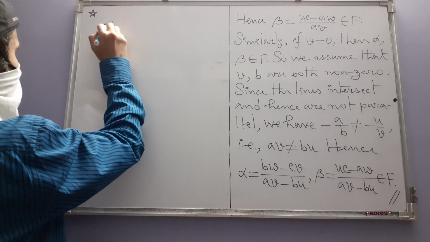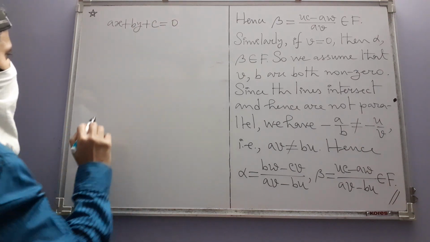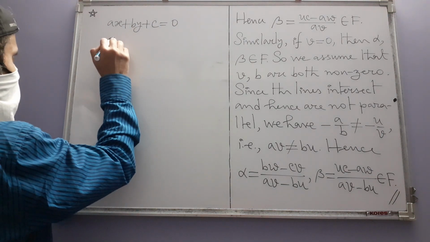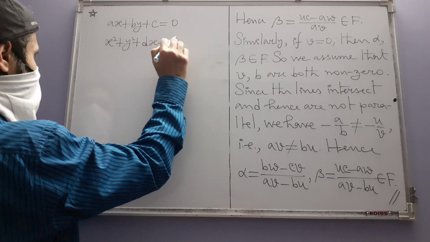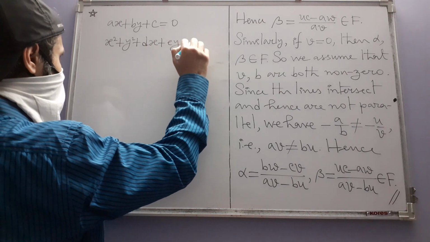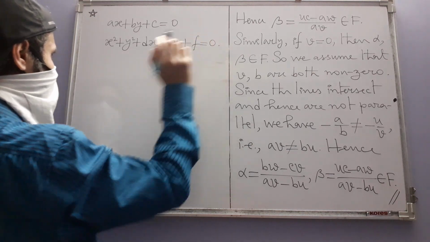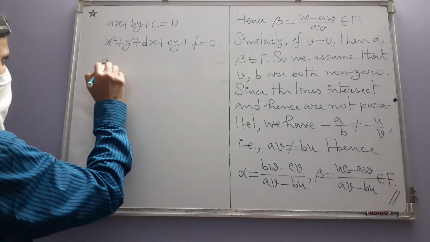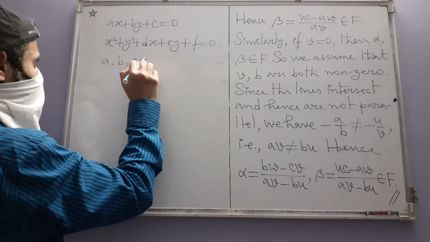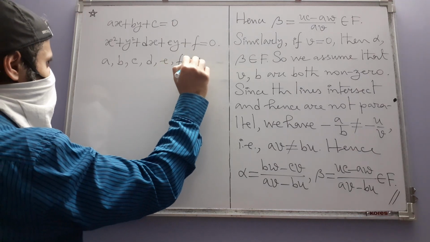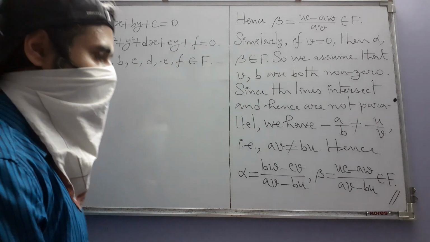Say you have a line in F and a circle also in F, which just simply means, now that we know from the forms of these equations, that A, B, C, D, E, F, these are all elements in F. And say these two objects intersect.